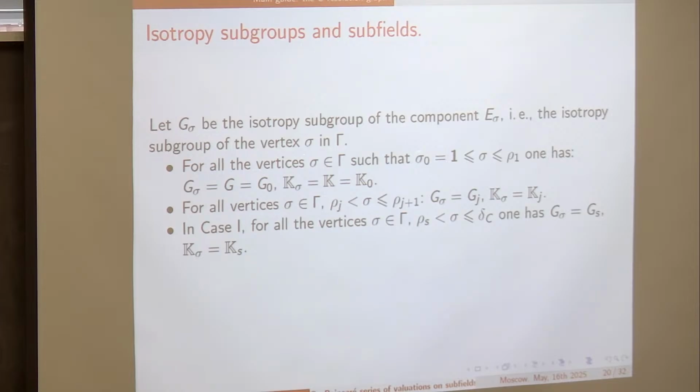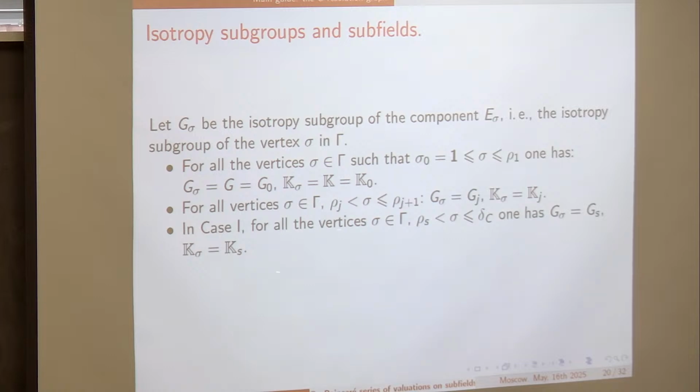For all vertices which are between the first one and the first branching vertex, you have always the same group, which is the previous group, the Galois group G. And also you have the same field, nothing is modified. If you go between two branching points rho_j and rho_{j+1}, the group is stable, exactly the same group, and the field, which is the field fixed by the group G_j, is also stable.